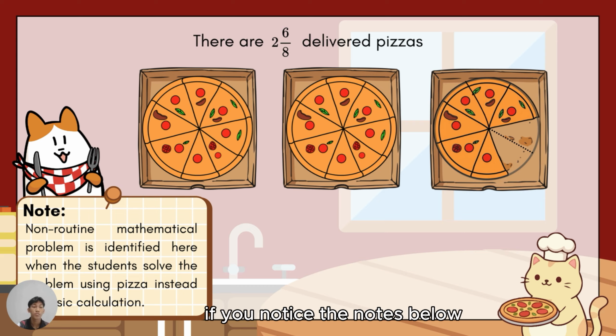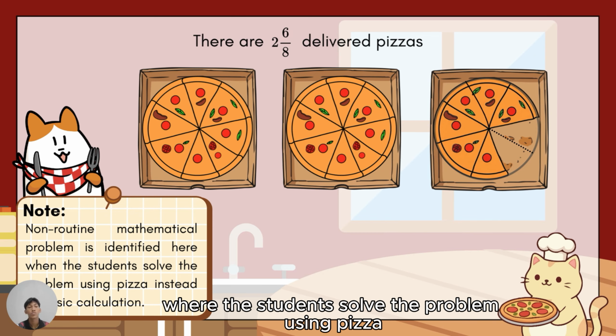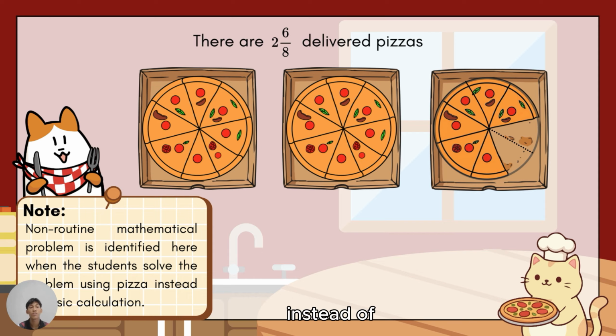If you notice the notes below here, we can identify non-routine mathematical problems where the students solve the problem using pizza instead of the basic calculation. This is not a worksheet where the operation is explicitly stated at the top of the page.